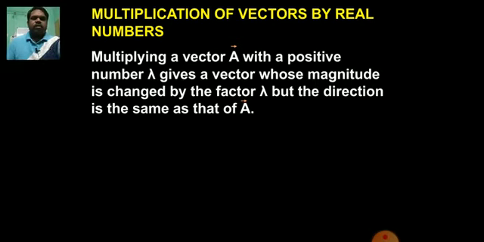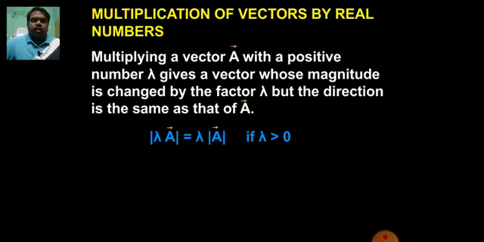So let us see, for example, when we multiply a positive number lambda with a vector A, then what we'll get? We'll get the factor lambda times the same vector A, if lambda is greater than 0. Otherwise, if lambda equals 0, then we'll get the null vector, that is having magnitude 0.